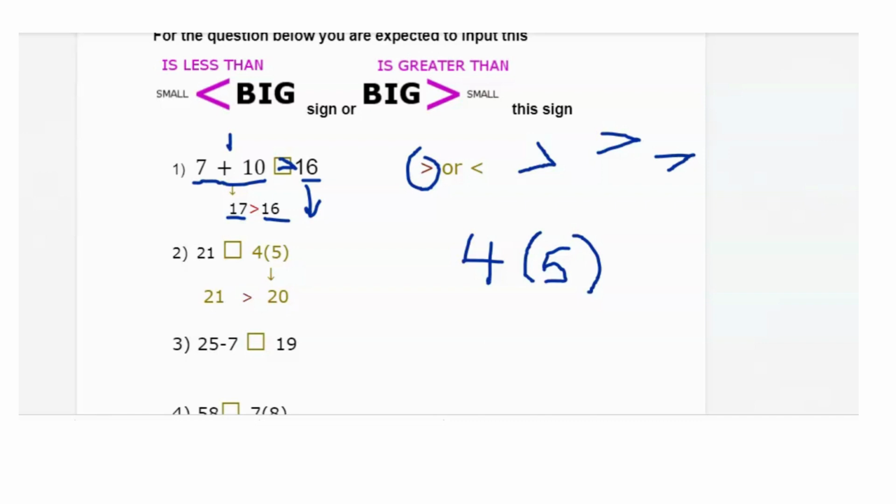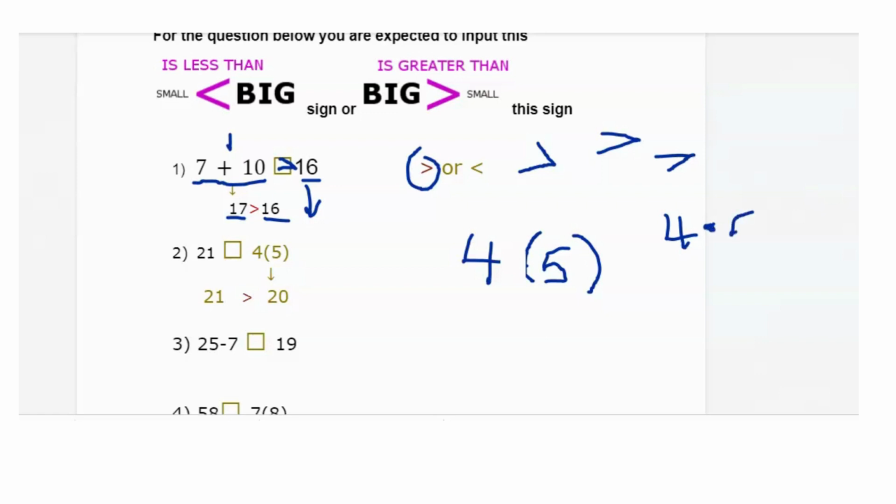They didn't give you additional sign here, or a subtraction sign, nothing. So anytime you see a sign like this, you know it's multiplied. It can be written like this, 4.5, depending on the topic you're doing. This also means multiply.